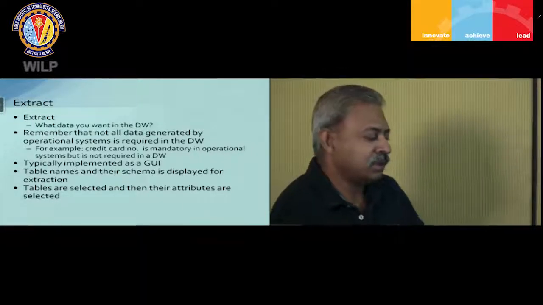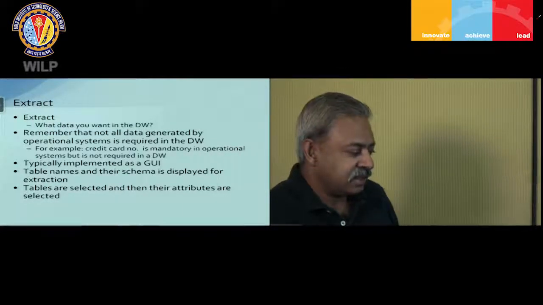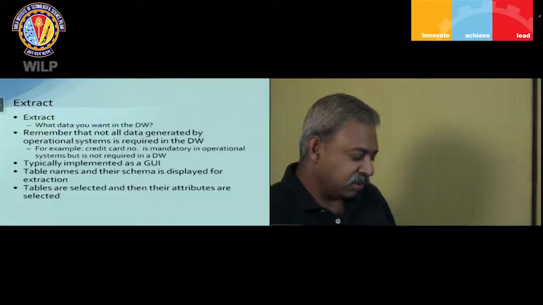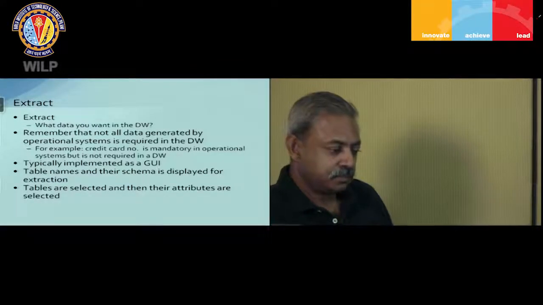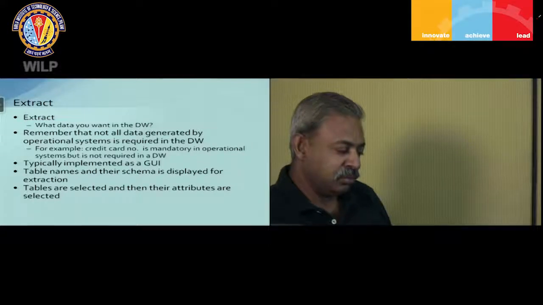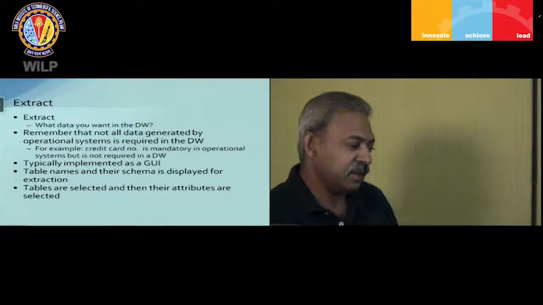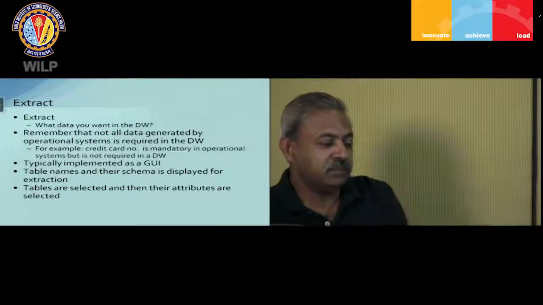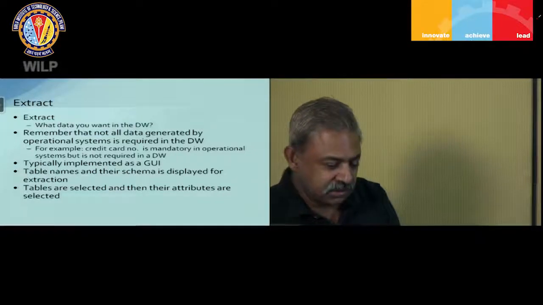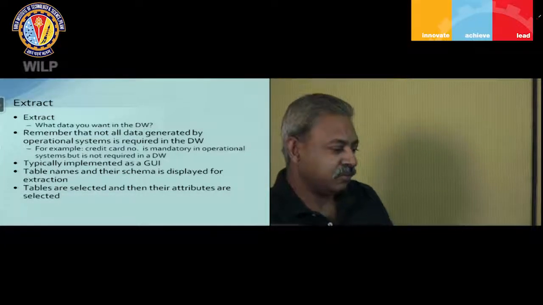But once this transaction goes into the data warehouse, I may say that I don't need the credit card number, because there is no analysis which I can do on a particular credit card number. What is important for me is how I have completed the transaction, how I have made the payment. That is more important than the credit card number in a data warehouse. So not all information that is generated in the operational or production systems is required in the data warehouse.